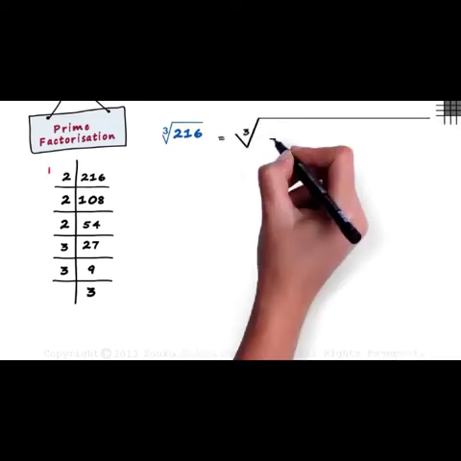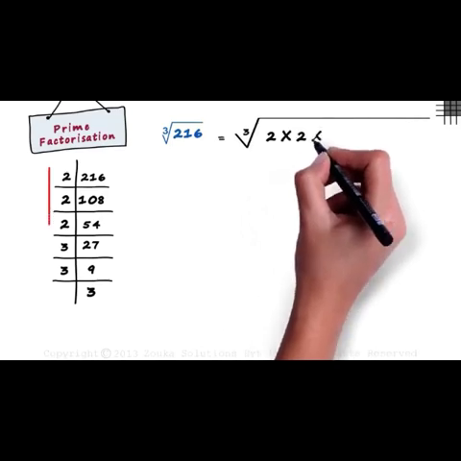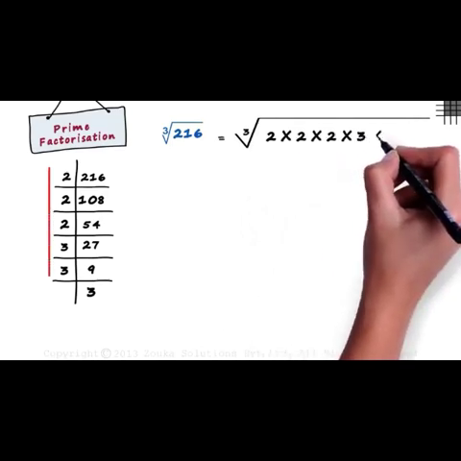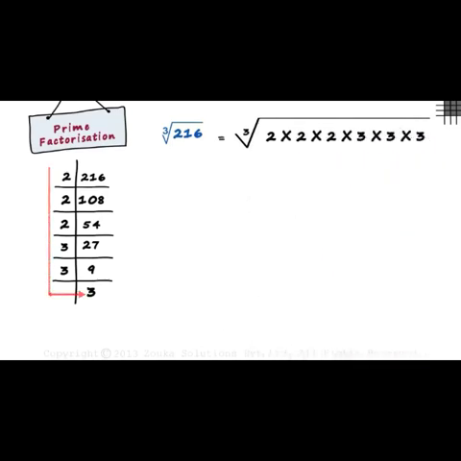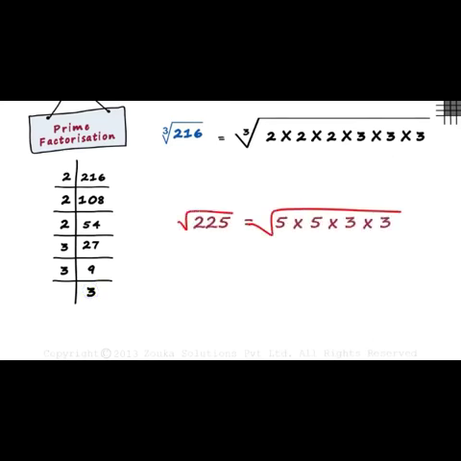So the cube root of 216 equal to 2 into 2 into 2 and 3 into 3 into 3. Here we have to take one 2 for three 2's. In square root, we take one number for each pair. For two 5's we take one 5, and for two 3's we take one 3.